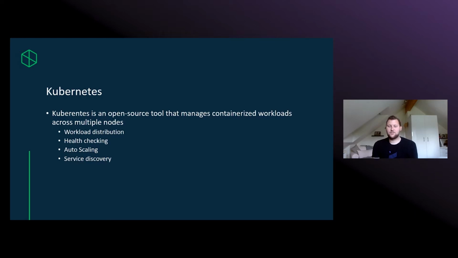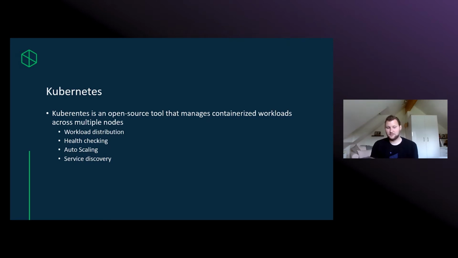Kubernetes is an open source tool that manages containerized workloads across multiple nodes. It deals with things like workload distribution, health checking, autoscaling, and service discovery. So workload distribution is basically taking a container and placing it on a specific node based on the resource needs and other factors.